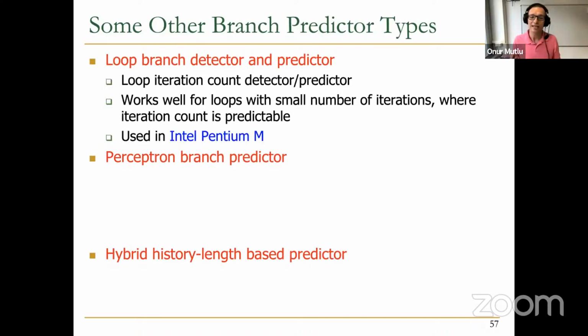Meaning you can actually count the loop iterations, detect the loop iterations, and if the loop iterations are constant across executions of the same loop branch, you remember what the loop iteration count was and predict the branch with that loop iteration count. And this works well with a small number of iterations where the iteration count is predictable. Of course, this is used in Intel Pentium M, which is early 2000s, basically 2003, 2004, 2005, I think, or a bit later also 2006.